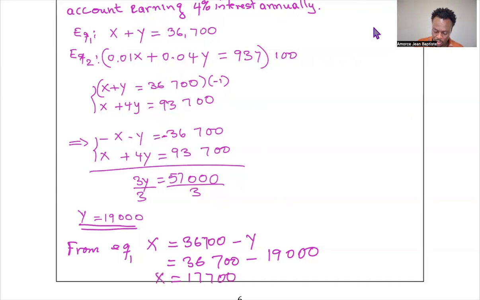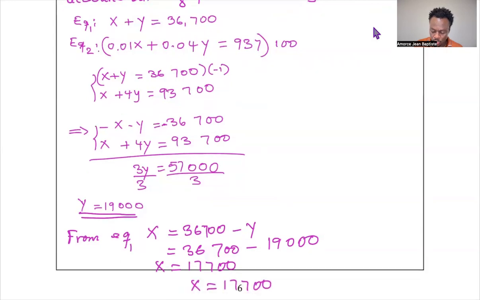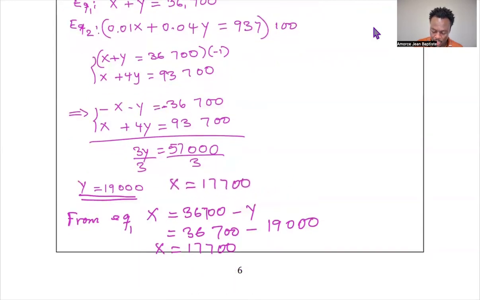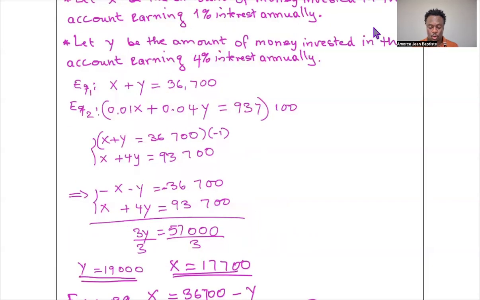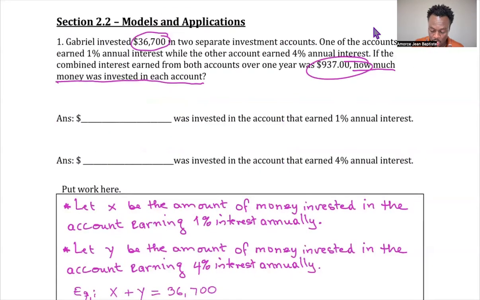So that's the x value, $17,700. So we have the amounts for both of them: invested in the account at 1%, which was x, is 17,700, and in the account at 4%, 19,000.